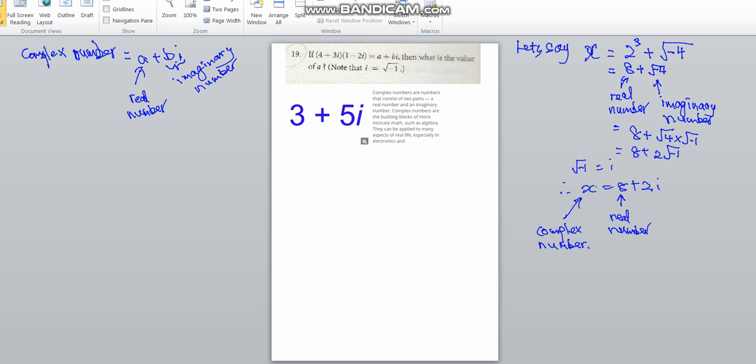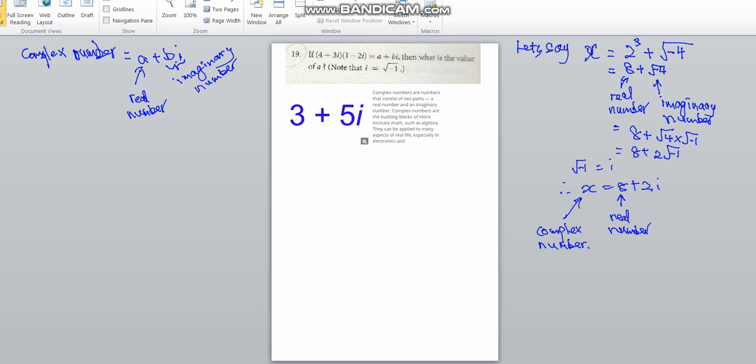So far, in all levels of mathematics you have learned, we are dealing with real numbers. A real number can be any number: negative, positive, decimal, rational number, irrational number, non-terminating number. All these are real numbers.